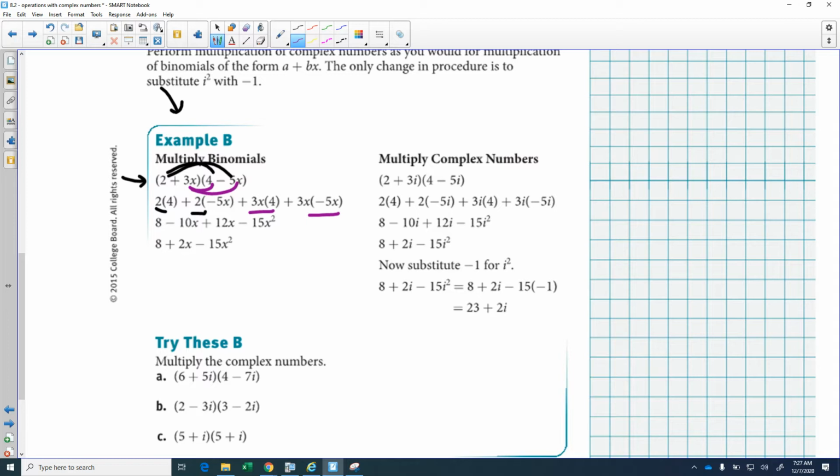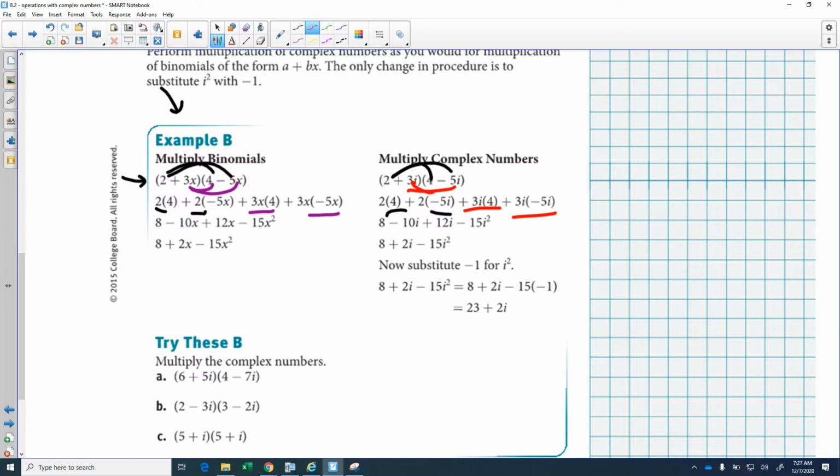Basically what we've done in the past. If you look at the other example, it's the same process where we take the 2 times the 4 and the negative 5i, and then we also take the 3i and multiply it by the 4 and the negative 5i, as we do here. So our math is literally going to stay the same. There really is no difference when it comes to our mathematics.